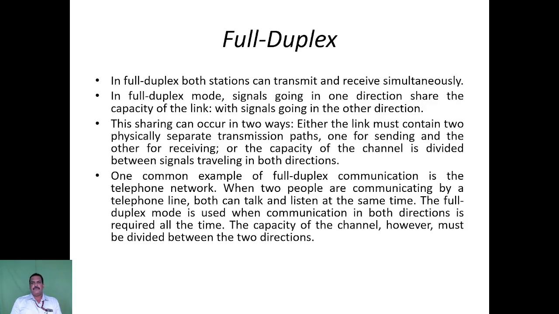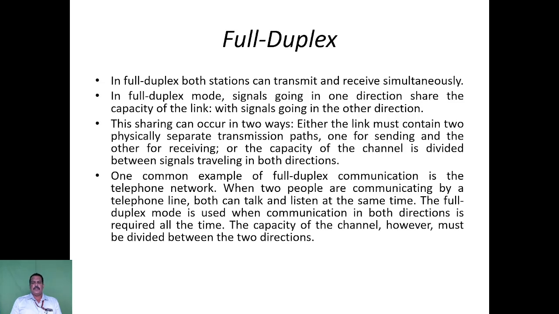In full duplex, both stations can transmit and receive simultaneously. You can transfer the data as well as receive the data simultaneously. In full duplex mode, signals going in one direction share the capacity of the link with signals going in the other direction. The main example of full duplex communication is the telephone network.